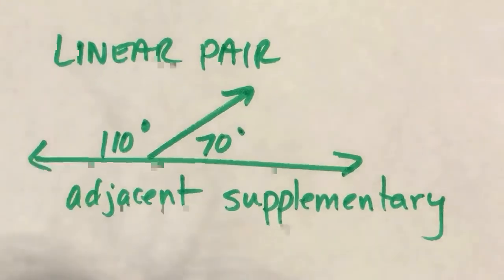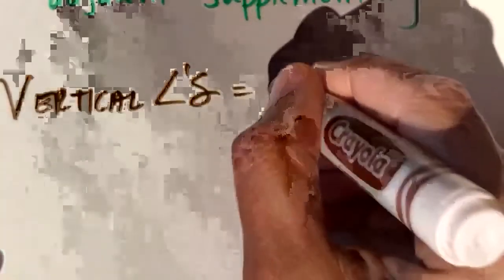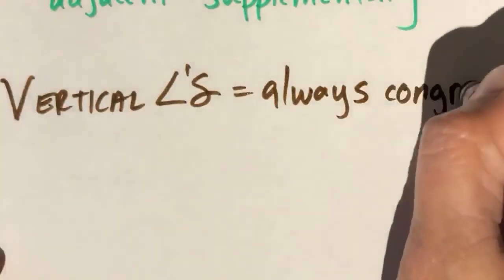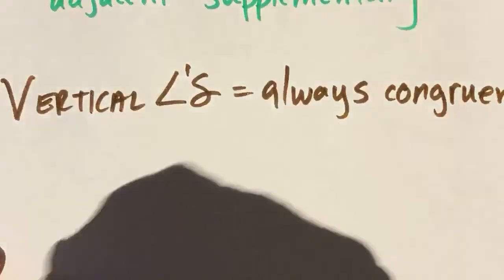Next one, the last one that you need to know are the verticals, okay? So you've got the vertical angles. And remember, vertical angles are always congruent, okay? They are always congruent. Remember, I told you I'm going to give you that picture with a bunch of lines.